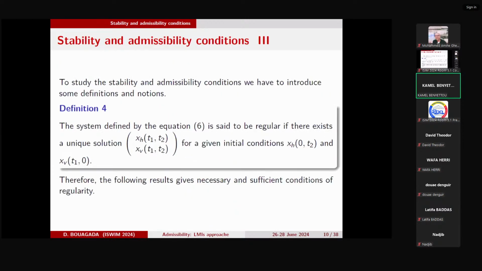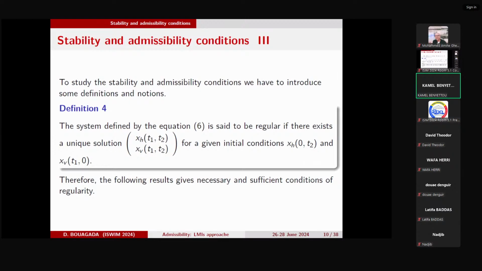To study this concept, we have to introduce some definitions and notions. The system defined by equation 6 is said to be regular if there exists a unique solution x^h(t1, t2) and x^v(t1, t2) for any given initial condition x^h(0, t2) and x^v(t1, 0), knowing that this initial condition must be bounded.